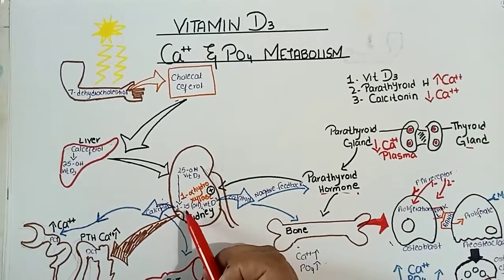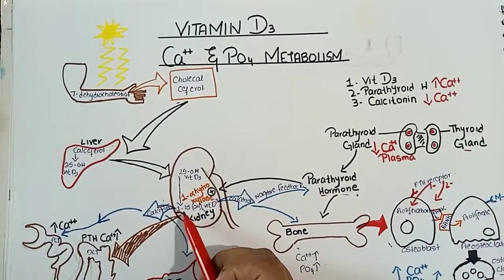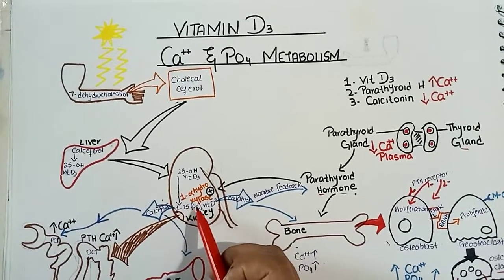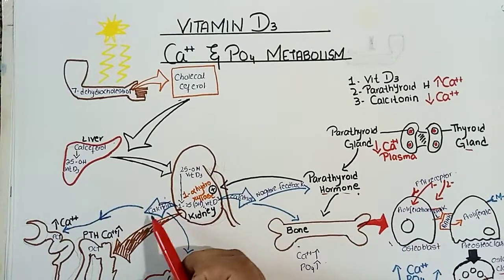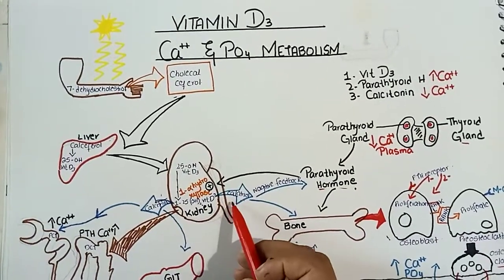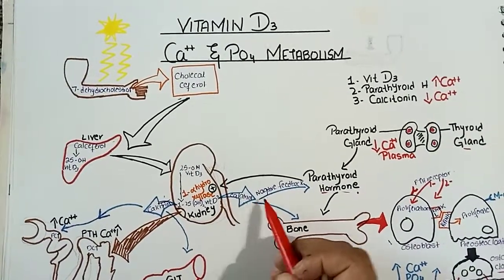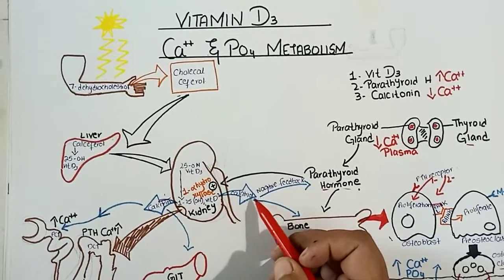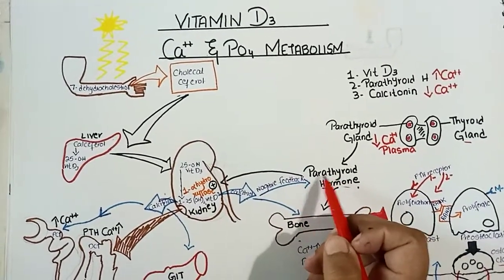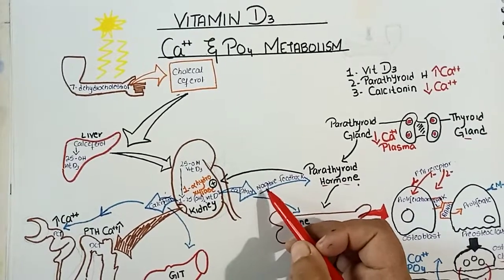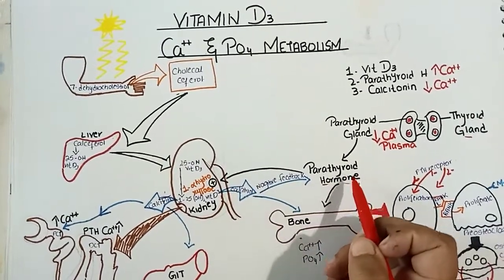The active form of vitamin D3 is 1,25 dihydroxy cholecalciferol, which we can call calcitriol. And calcitriol will also act on different things. First, it will hit the parathyroid hormone and exert negative feedback on it.